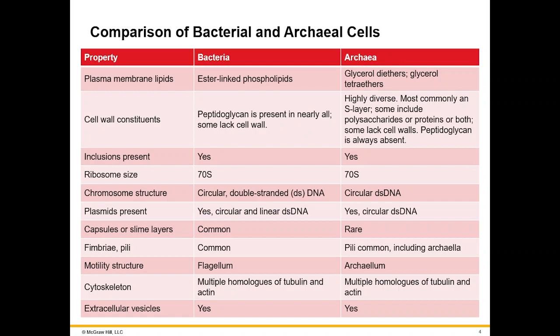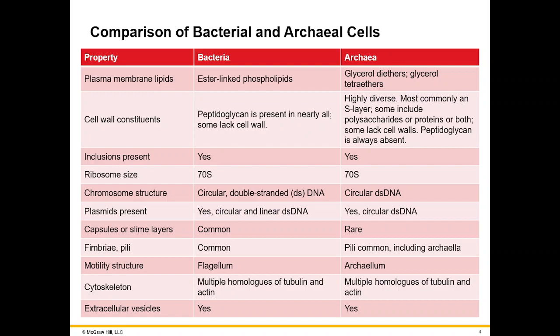Yes, they still have glycerol, but instead of glycerophospholipids, they have diethers of glycerol or glycerol tetraethers. Later, we will look more closely at the molecular structure of their membrane lipids. But the differences in the membrane lipids allow them to survive in very extreme conditions.